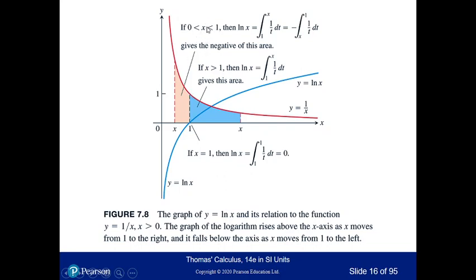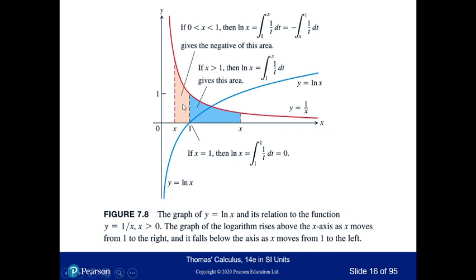x could be less than 1, that's fine. ln x will be the integral from 1 to x of 1 over t dt. Okay, since 1 is bigger than x, we just take the reciprocal, the negative of the integral from x to 1 of 1 over t dt. So it's going to give the negative of this area.